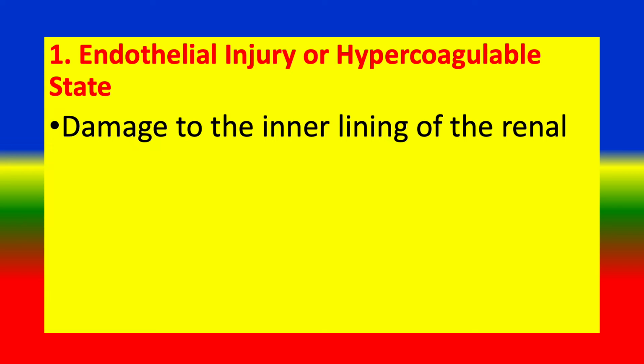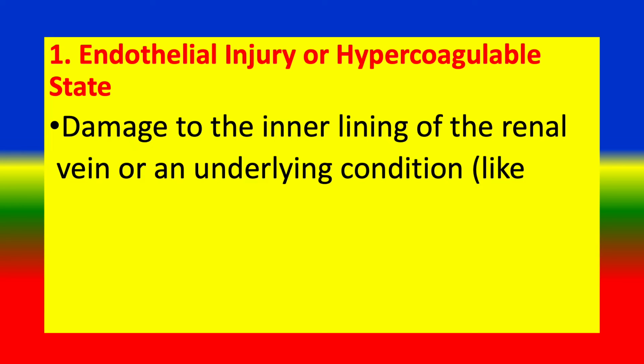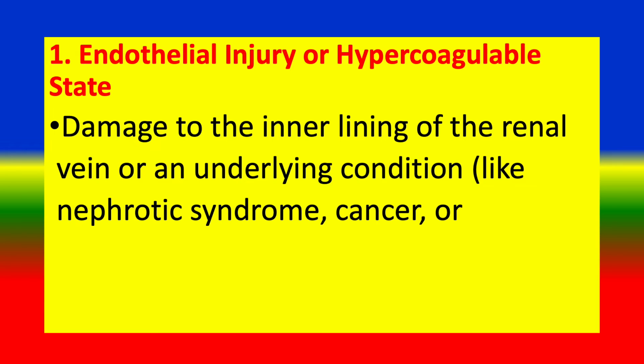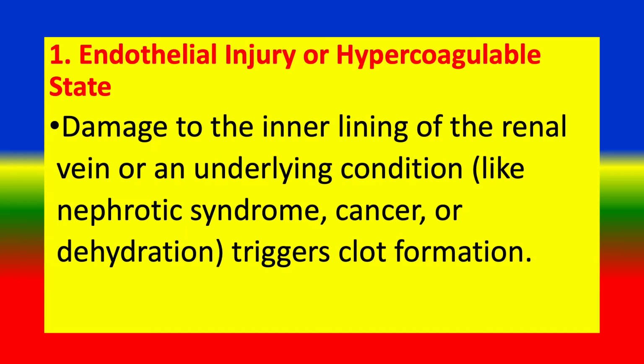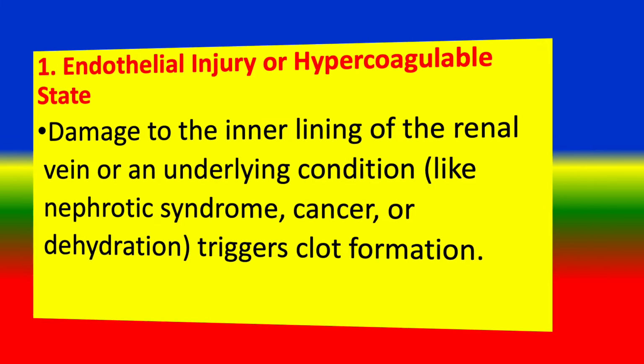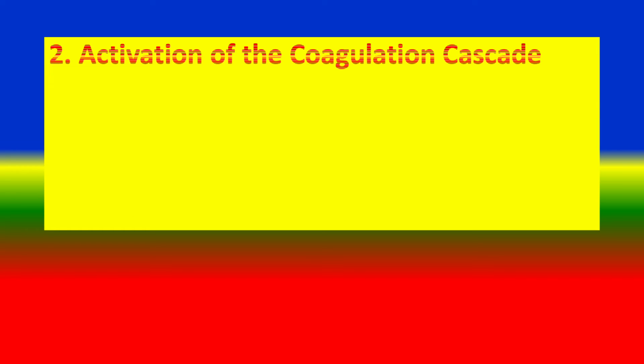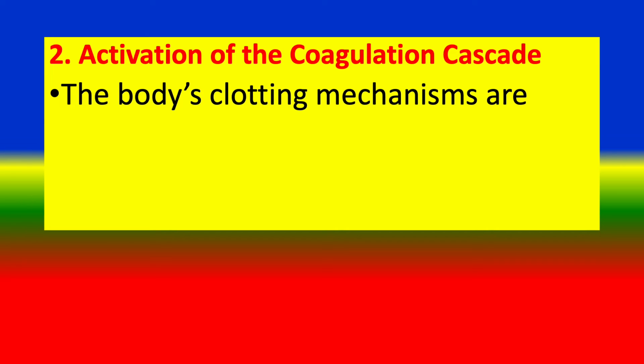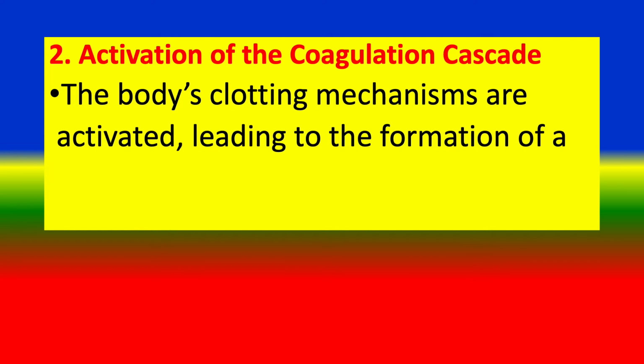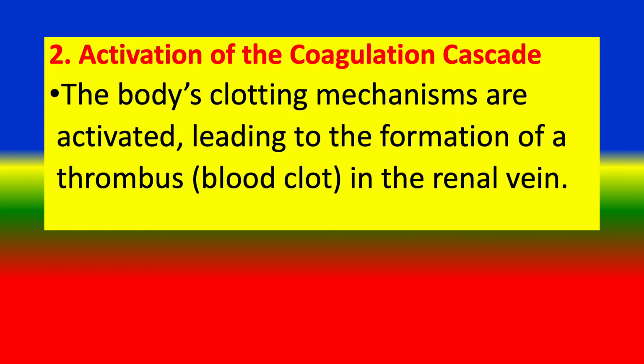Damage to the inner lining of the renal vein or an underlying condition like nephrotic syndrome, cancer or dehydration triggers clot formation. 2. Activation of the coagulation cascade. The body's clotting mechanisms are activated, leading to the formation of a thrombus, blood clot, in the renal vein.